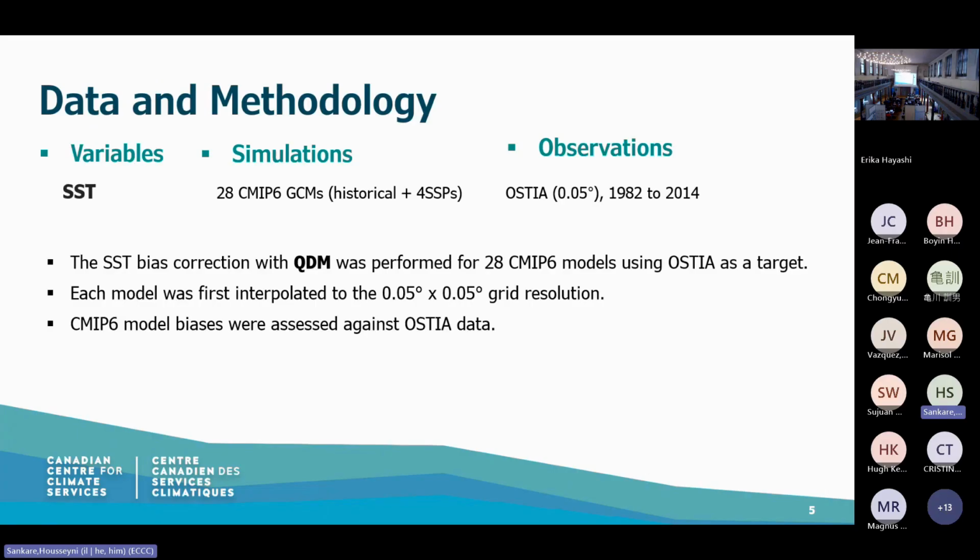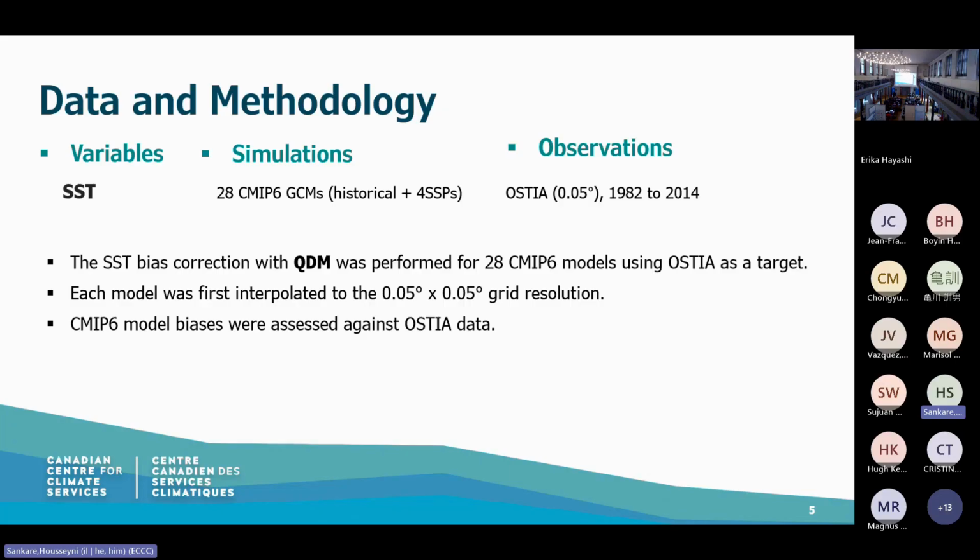For the data and methodology, we used 28 CMIP6 GCMs, historical plus 4 SSPs, and we used the OSIA data as the target to bias correct the data and also to assess the result.